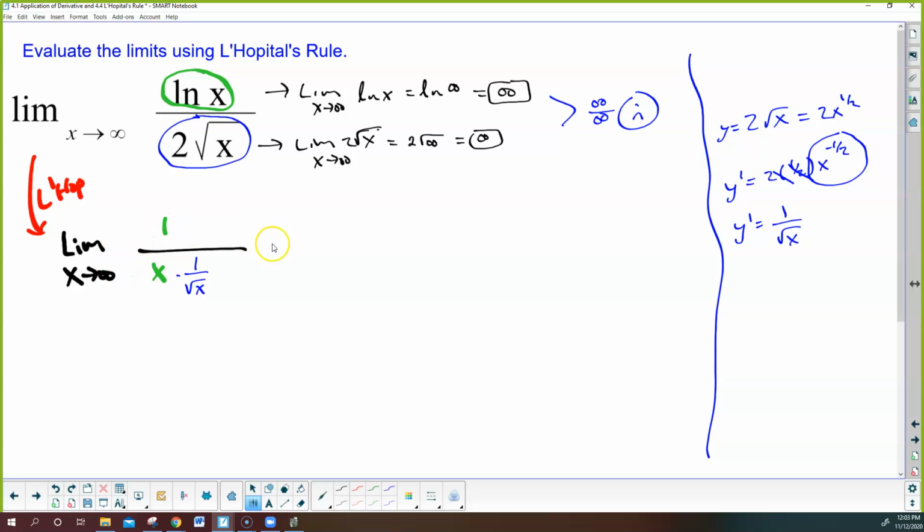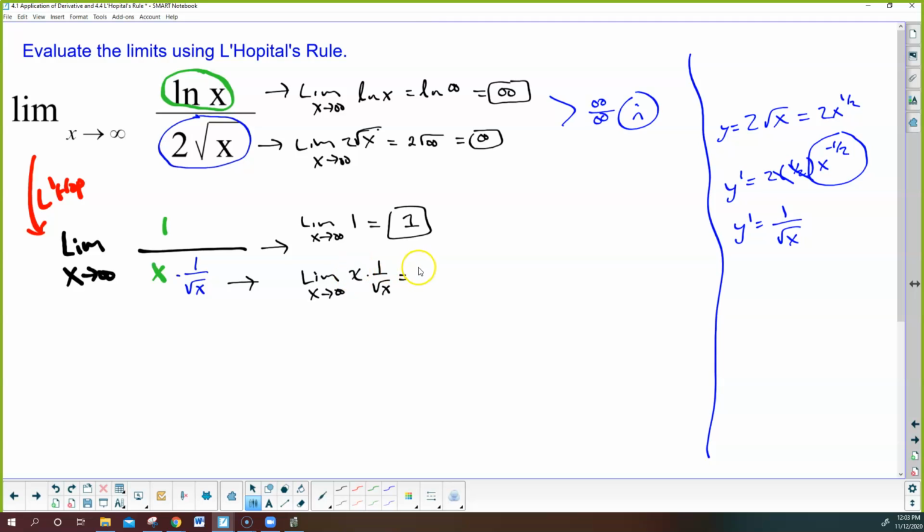If I plug infinity in the top, I end up with the limit as x goes to infinity of 1. Well, that's always going to be 1. So my top is going to stay 1. But what's the bottom going to do? I could try to simplify this out, but to be honest, you don't really need to.